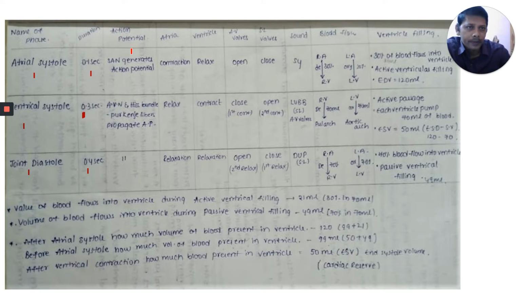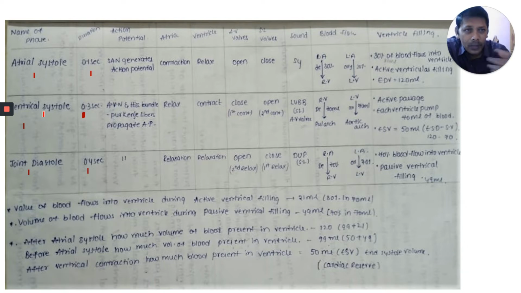Action potential. Here atrial systole takes place because the sinoatrial node generates an action potential. That action potential spreads to both atria, which causes atrial contraction, called atrial systole. What causes the ventricular systole?